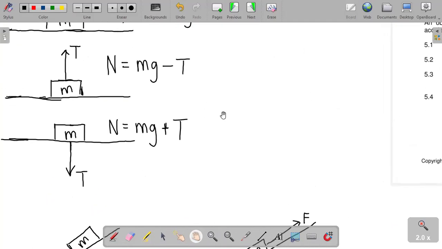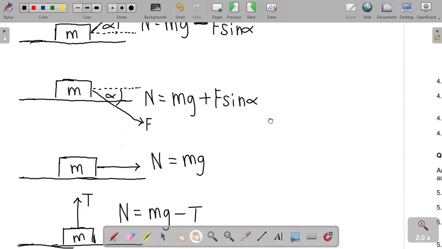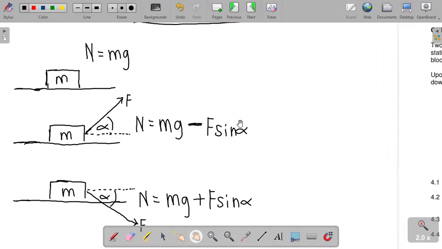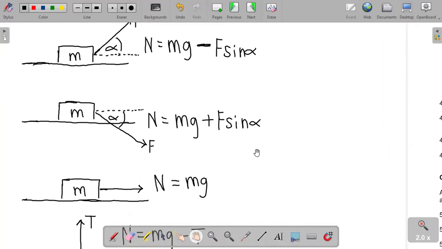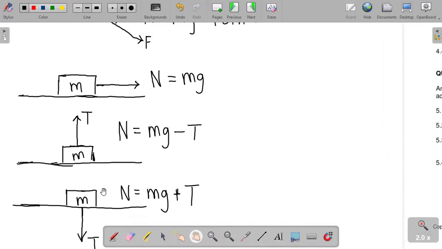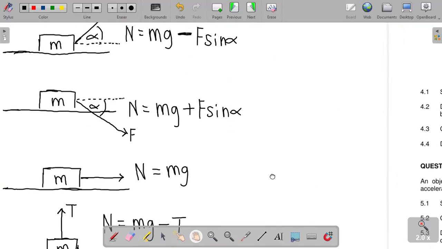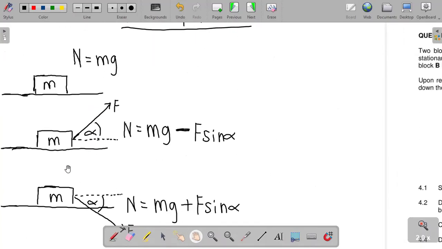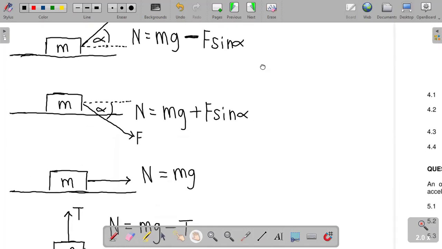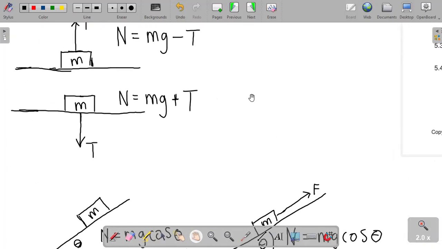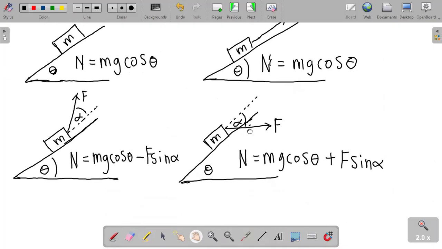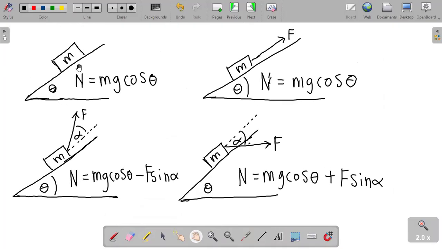So you could have a situation where the surface is horizontal like that, like these six cases that I showed you here, whereby the surface is horizontal. Then you could have other situations whereby the surface is inclined.